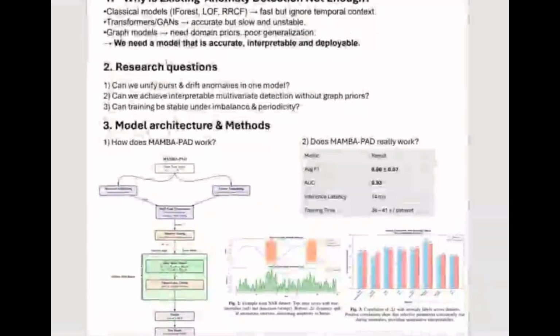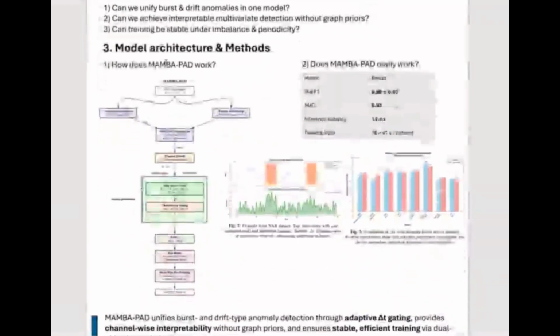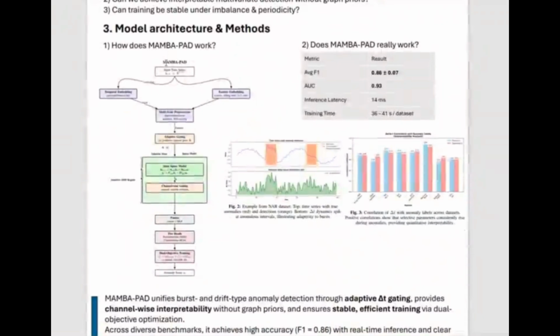To answer these research questions, in my paper I proposed MAMBA-PAD, and the third section is about MAMBA-PAD's model architecture and methods. MAMBA-PAD is a selective state-space framework that achieves adaptive delta T gating to unify burst and drift detection, channel-wise gating for variable-level interpretability, and dual objective training with alpha annealing and threshold calibration for robust stability.